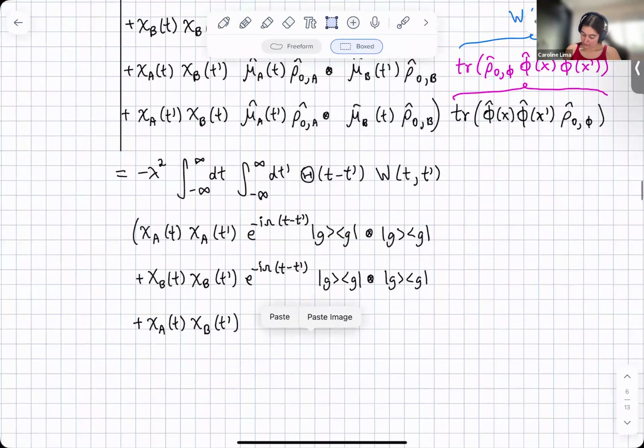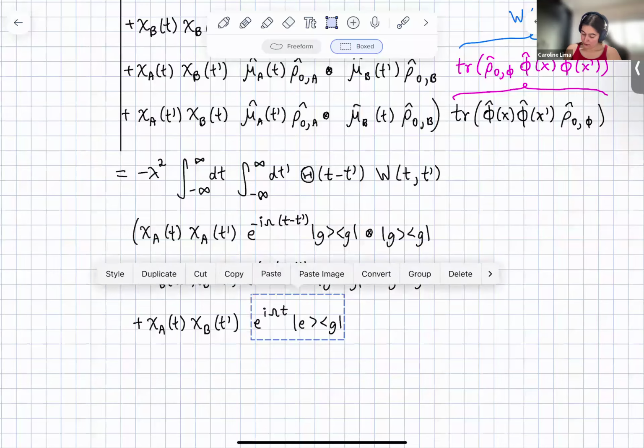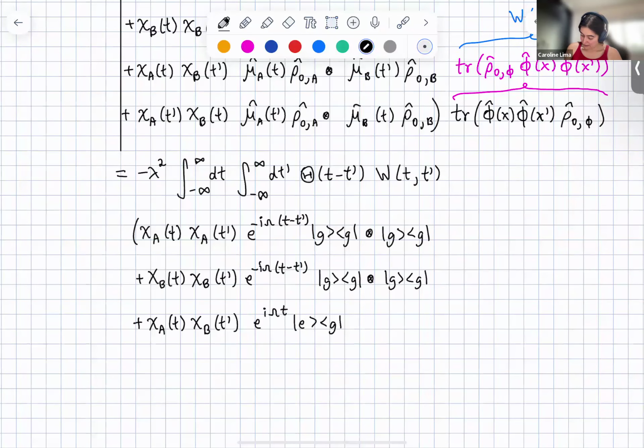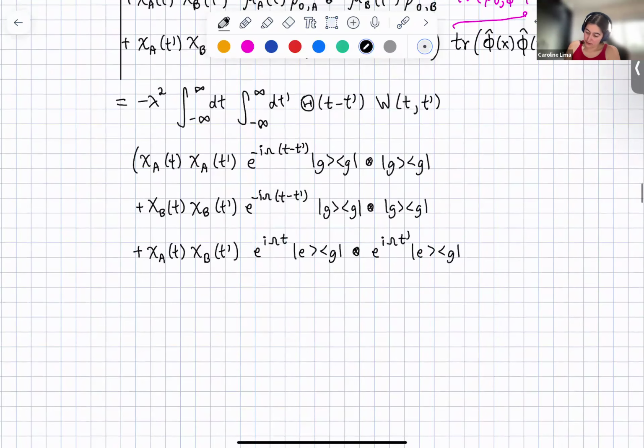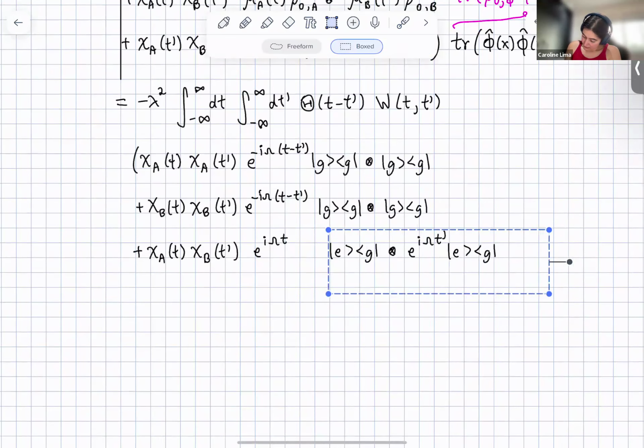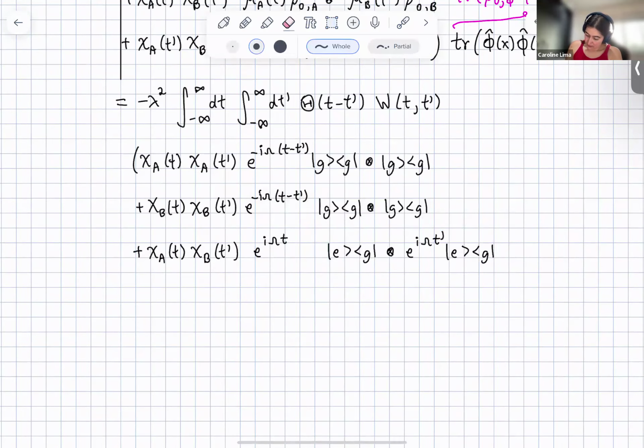So we have mu times rho for A. And then we have the same thing, but on T prime for B, right? So it's going to be the same thing on T prime. And then if I just factor out these exponentials, I'll get that e to the i omega (T plus T prime). Okay.